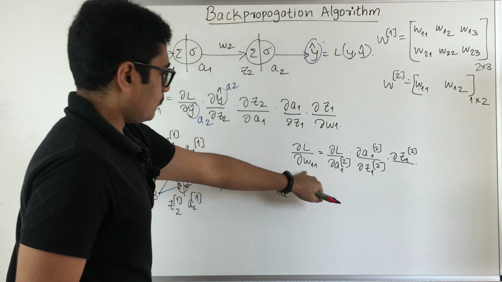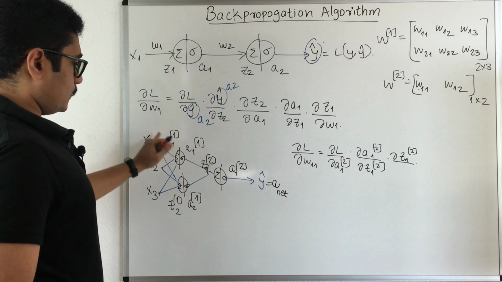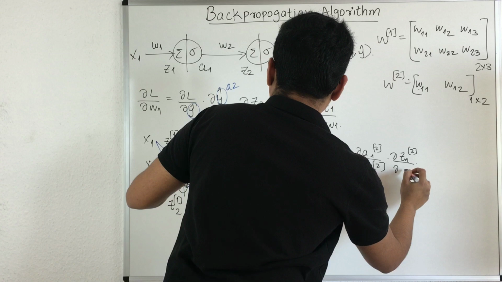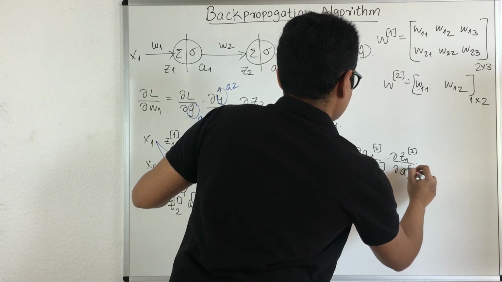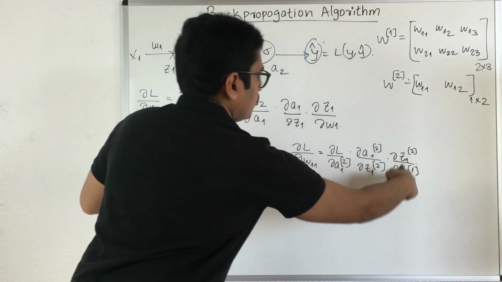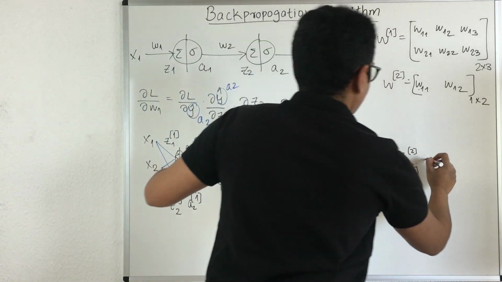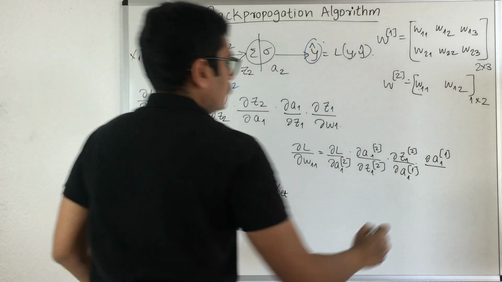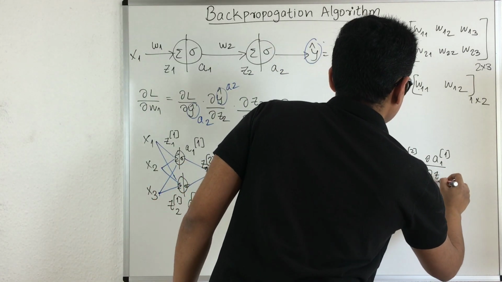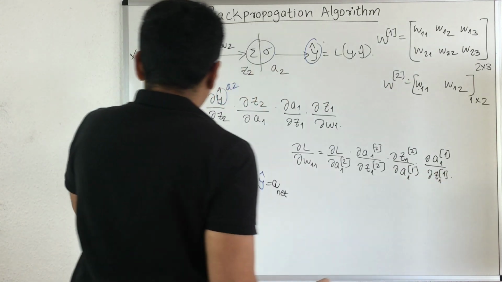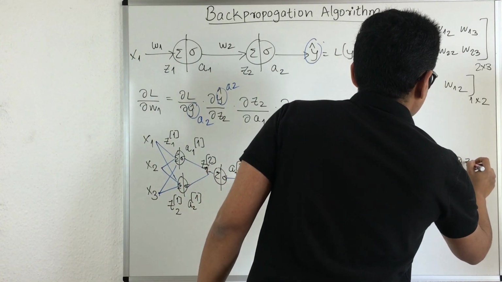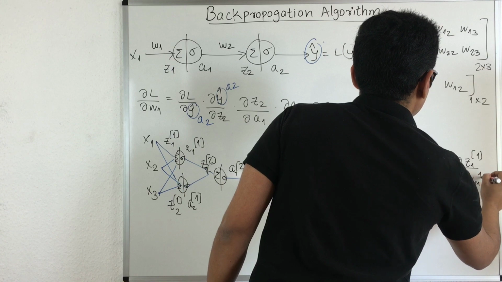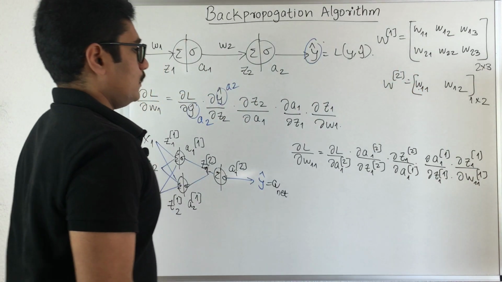But our W11 is from this particular portion, so essentially we would be taking Z as a function of this output, and then you have dou A11, and then you have dou Z11, and finally from dou Z11 you will reach dou W11 from the first layer.